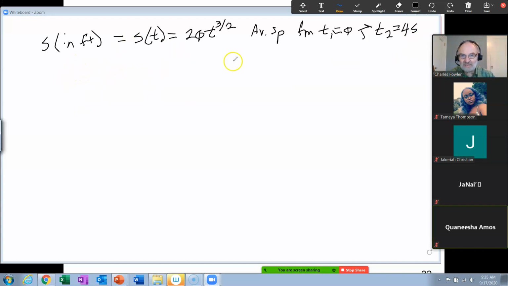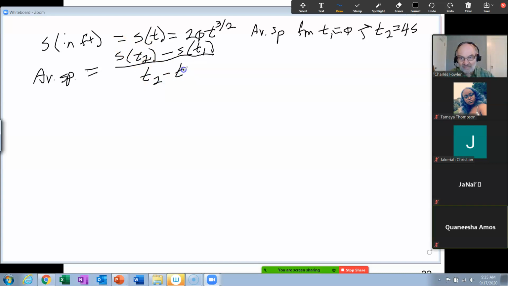So what's average rate of change or average speed? Distance over time. The average speed is your average rate of change. The distance is S of T2 minus S of T1, that's how far it went between those two times, divided by the difference in time, feet per second, over T2 minus T1. So let's plug and chug here.